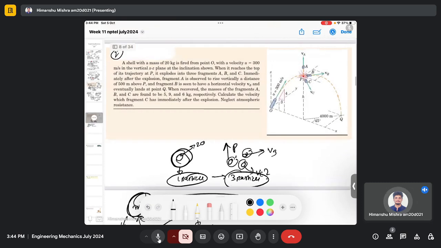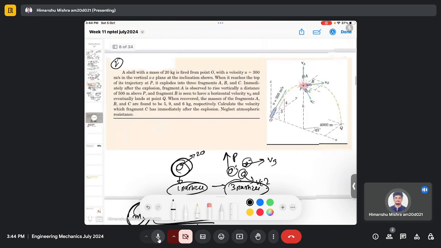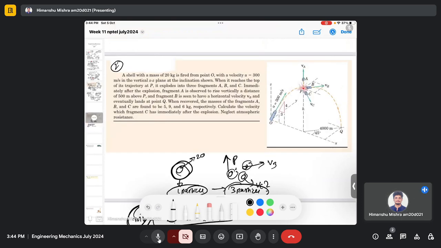So in the question, what we need to find is the velocity of particle C. To find the velocity of particle C, we need to determine the velocity of particle A and the velocity of particle B, right? So for particle A, in the question it is given that fragment A is observed to rise vertically a distance of 500 meter, right?